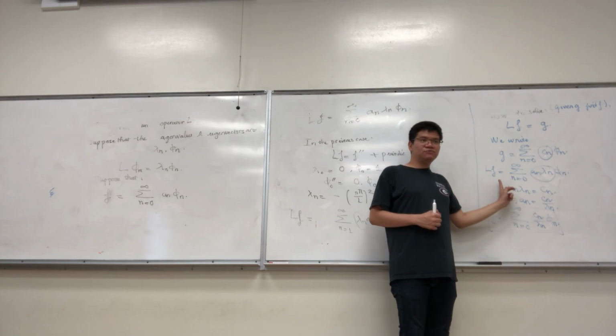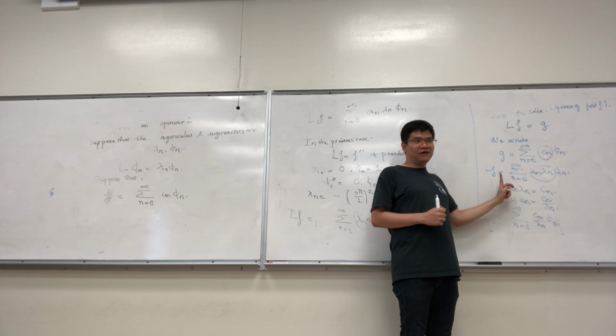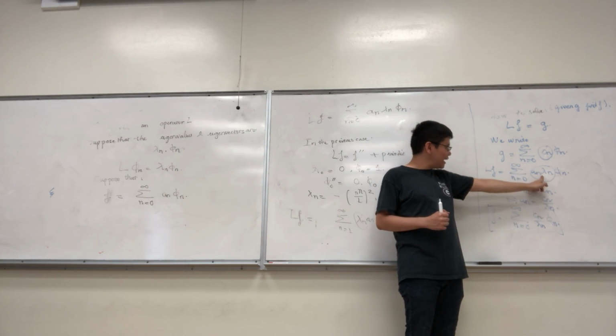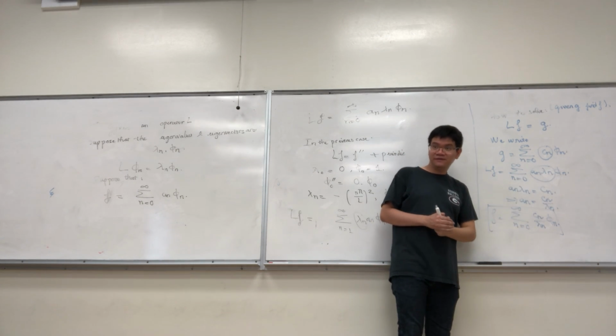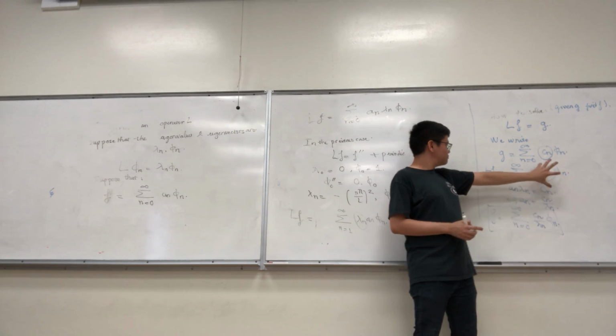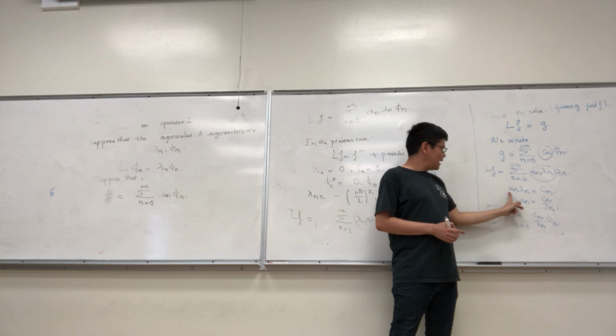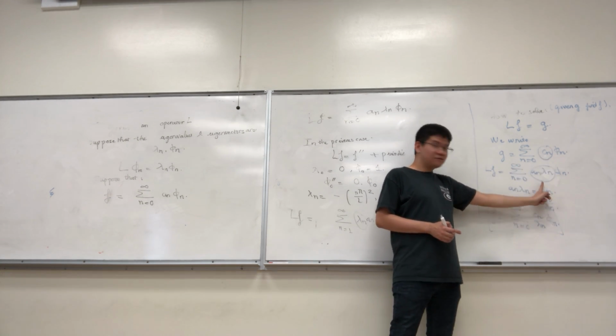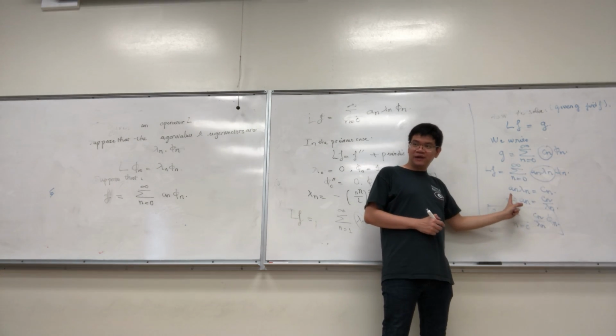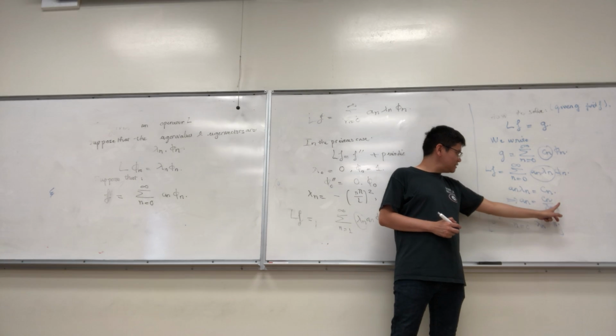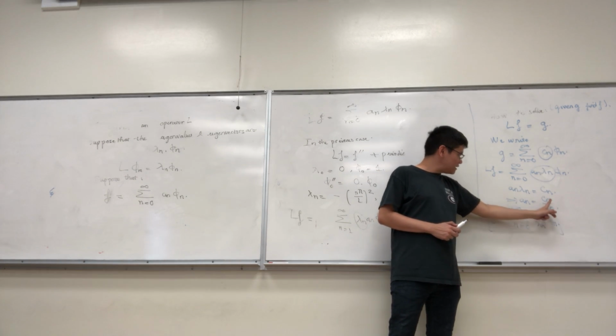So what you do is you write L of f. L of f will give you an lambda n Pn, right? Now, because L of f is equal to g, an lambda n has to equal Cn, right? So now you can compute an by dividing Cn by lambda n.